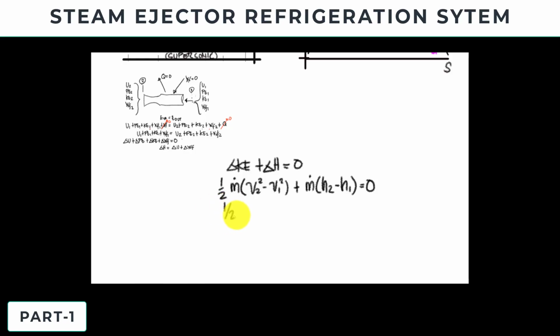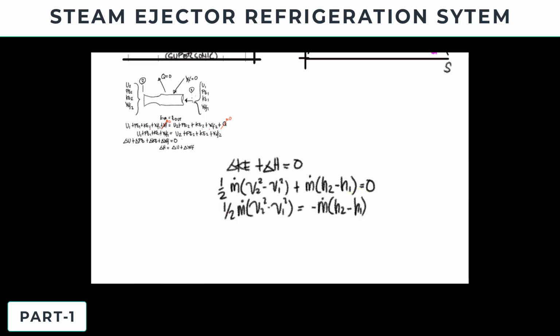So, transposing to the other side, velocity 2 squared minus velocity 1 squared will be negative mass flow rate times enthalpy 2 minus enthalpy 1.